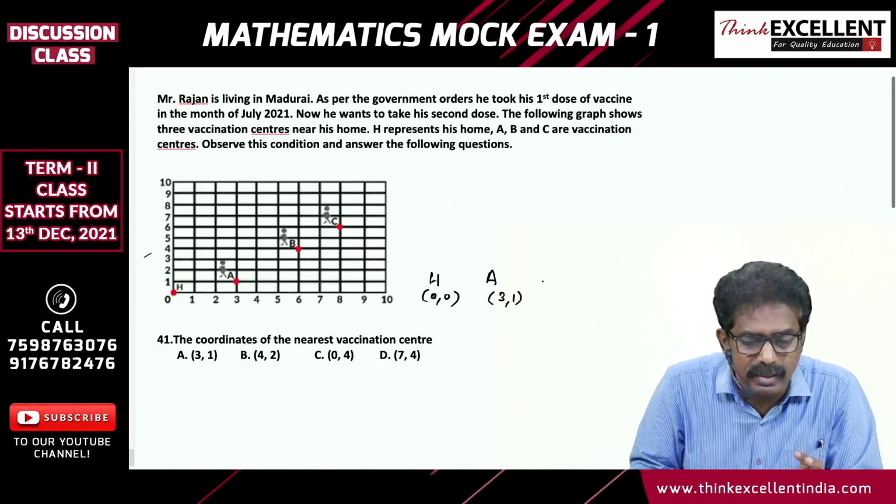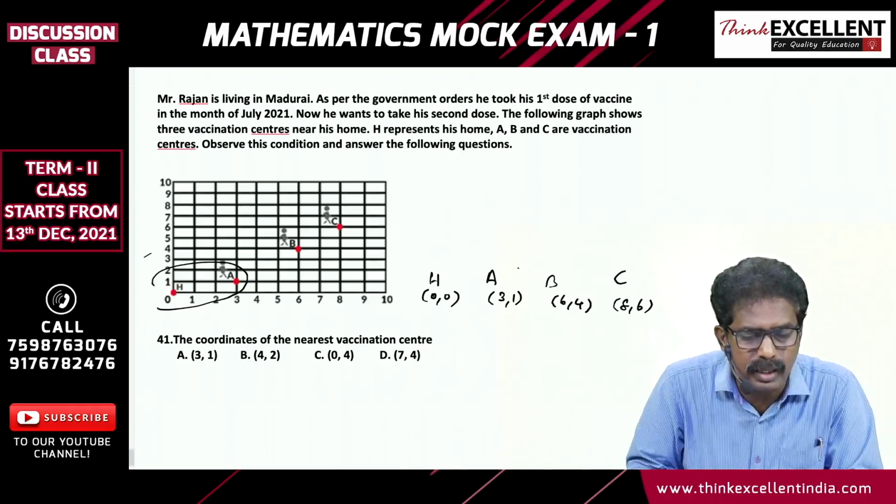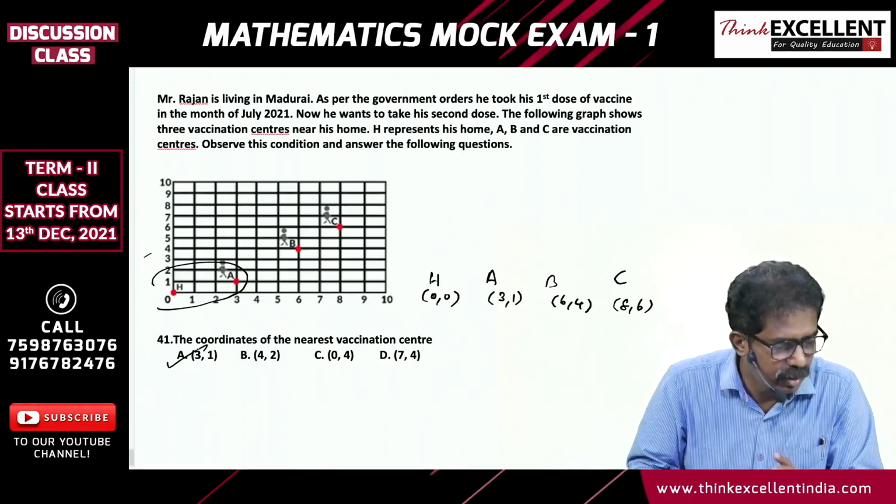Then B is another vaccination center. The coordinate is 6, 4. And C is the last one, 8, 6, right? 8, 6. What is the question? The coordinate of the nearest. By the diagram, you can see the nearest vaccination center is A. So the coordinate of A is the correct answer, 3, 1, right? So that is the first one's answer.